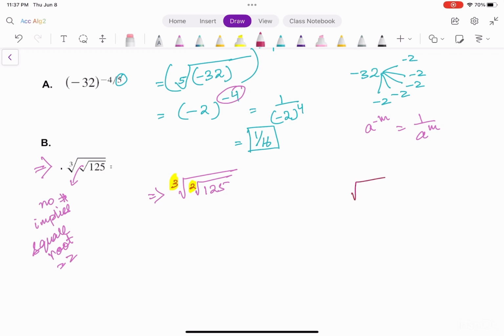So, but let's try to understand and solve it in a different way. If I may ask you, what are the factors of 125? Can we start factoring 125? If you start factoring 125, you will get how many 5s?